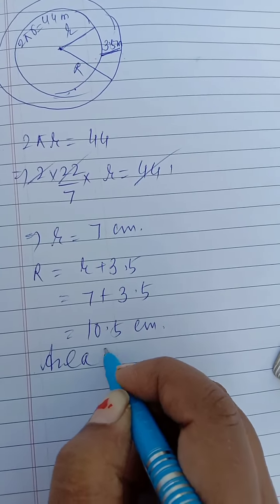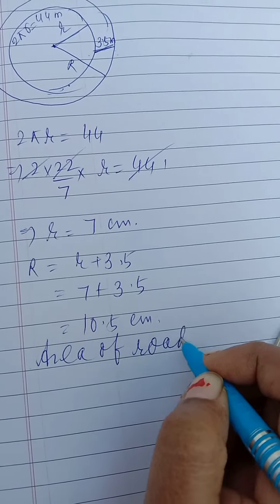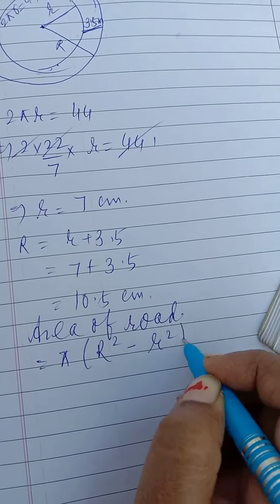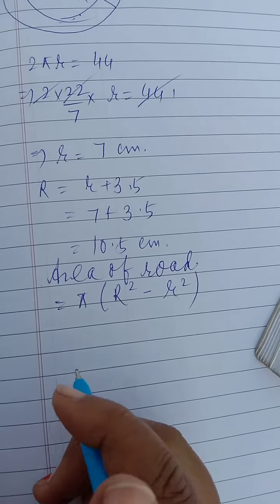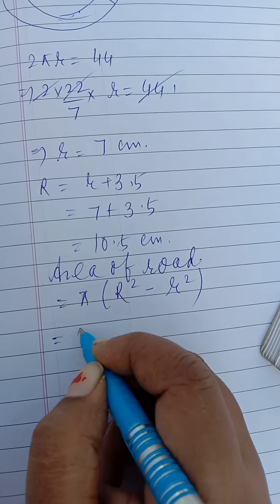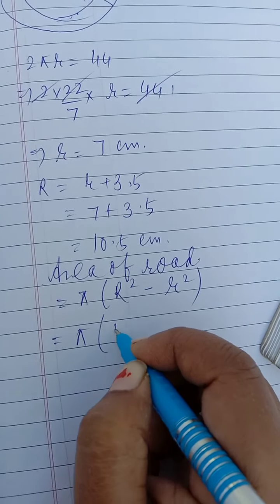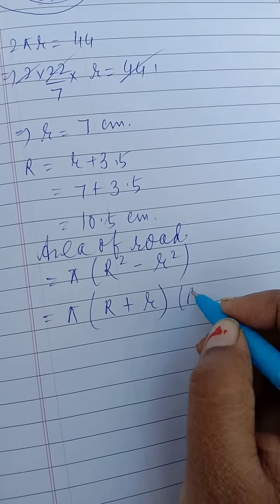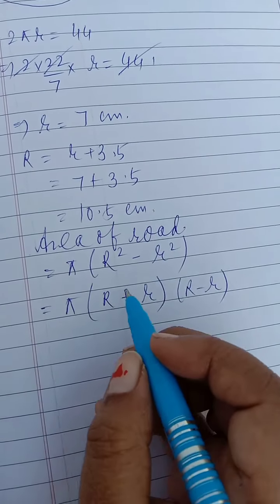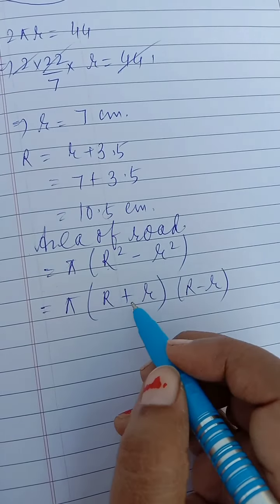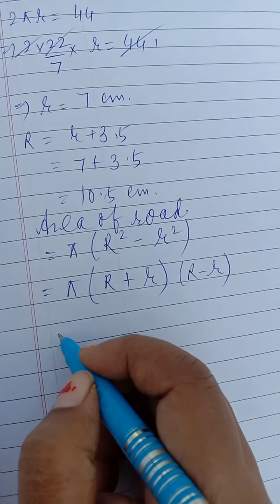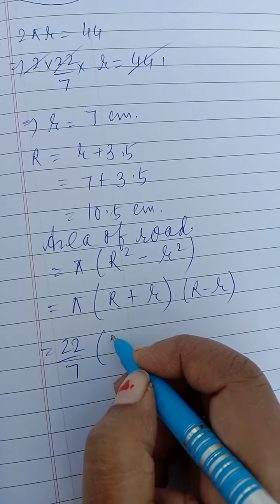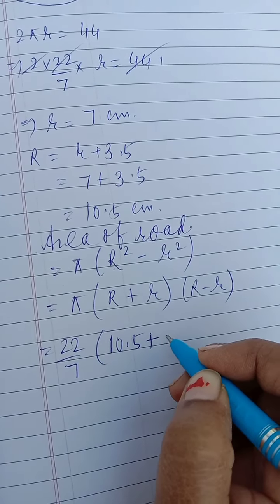Now if we have to find the area of the road, then it is pi of capital R square minus small r square. We do one more step for ease of calculation: it's R plus r into R minus r, since a square minus b square equals a plus b into a minus b. So pi is 22 by 7, capital R we have 10.5, small r is 7.